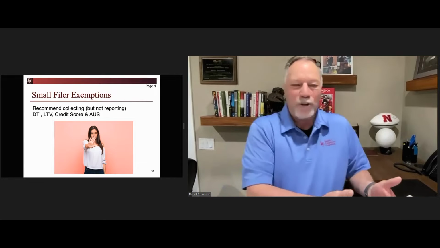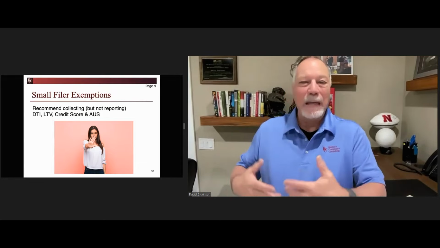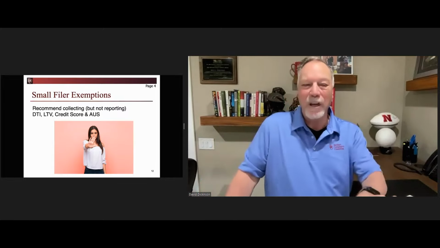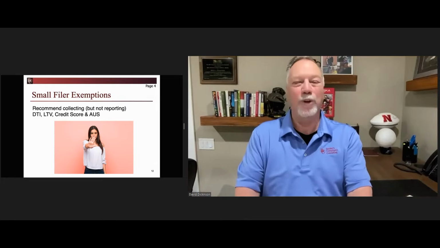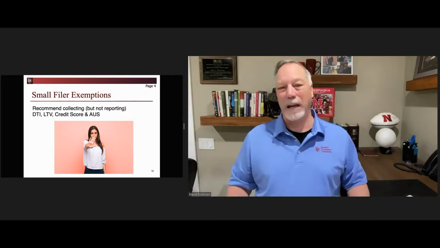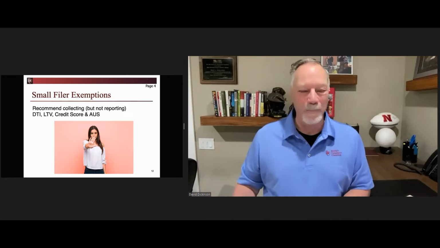Now, if we look at your data and we don't have this information, it might appear that you seem to be making more denials to a certain type of ethnicity or race. And the idea is you want to say, no, it has nothing to do with that. It has to do with their credit score, their debt to income, their loan to value, legitimate underwriting. So have this information, just don't voluntarily report it.